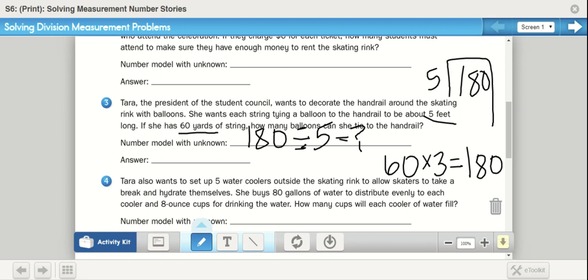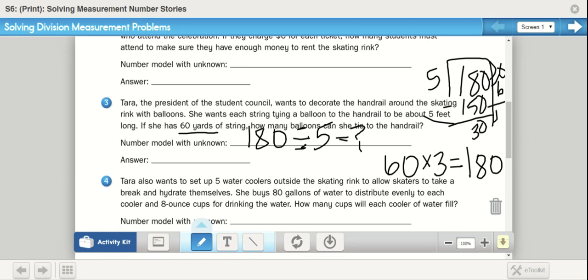So 5 times 10 is 50, not big enough. 5 times 20 is 100. 5 times 30 is 150. Let's start with that. So let's start with 30. That gets me pretty darn close. 180 minus 150 leaves me with 30. And 5 times what is 30? 5 times 6.